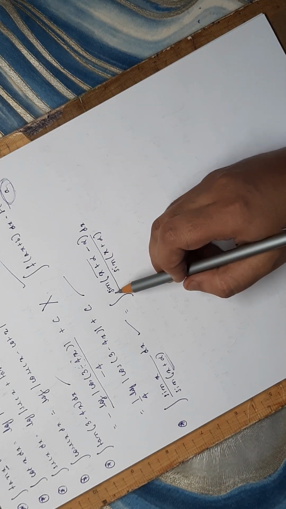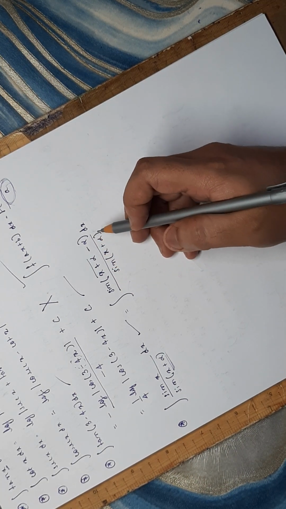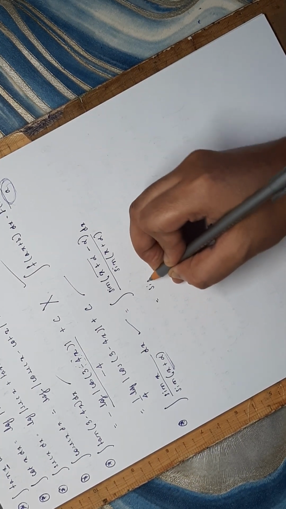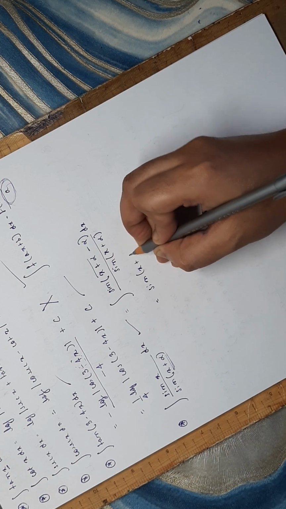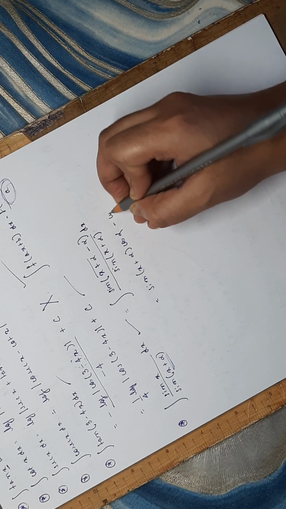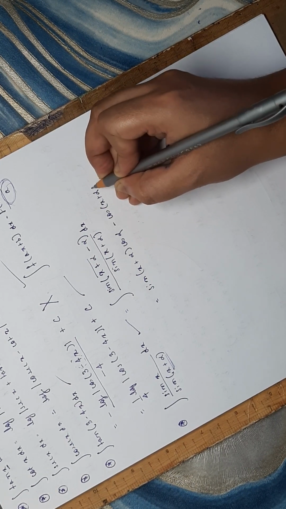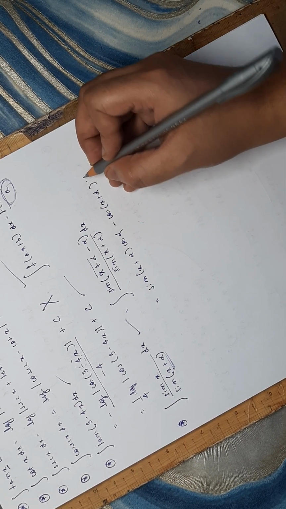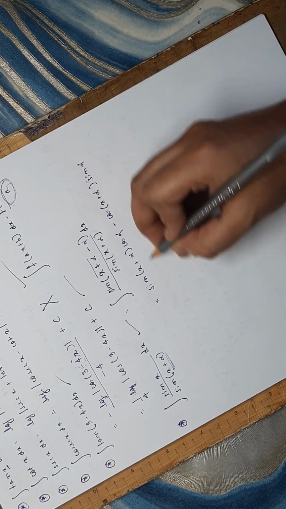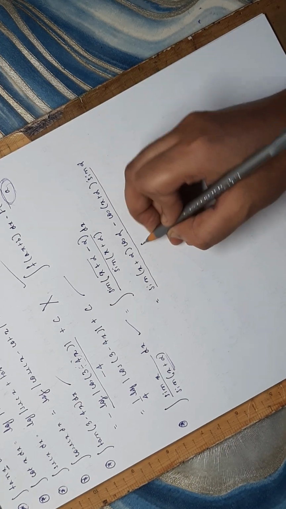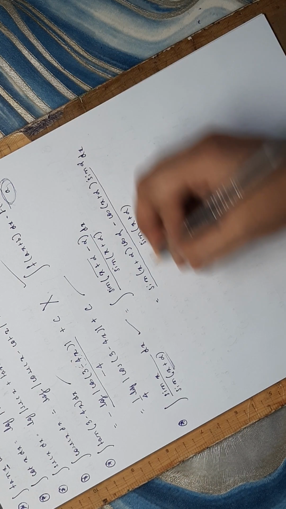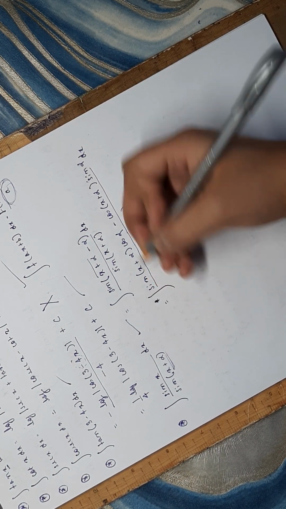All right, what next? We have the form of sine of a minus b, right, which is nothing but sine a cos b minus cos a sine b, divided by the denominator as it is, we have a dx here and we have an integration sign here.